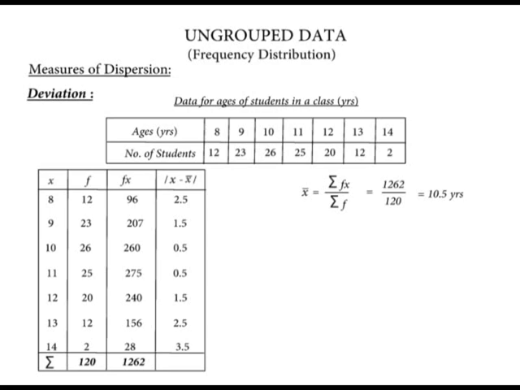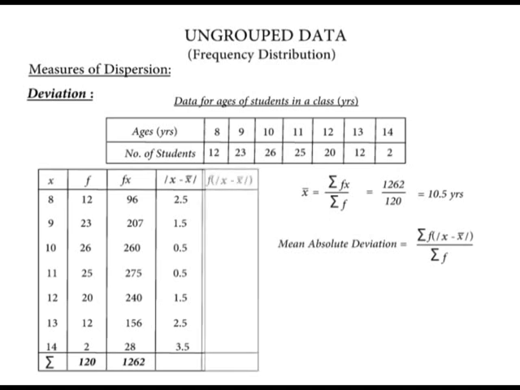For a frequency distribution, the mean absolute deviation is given by summation of f times the absolute value of x minus x bar over the summation of frequency. Looking at this formula, it means we need another column for f times the absolute deviation. So we multiply the frequency times the absolute deviations.